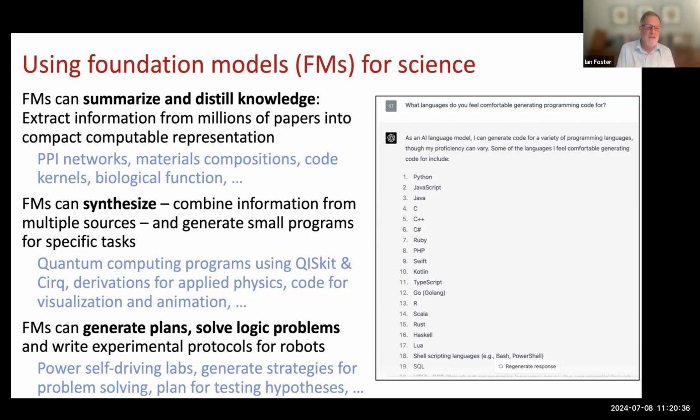And then people are starting to use them to generate not just programs, but plans. For example, given a set of self-driving lab apparatus, propose ways of testing particular hypotheses.